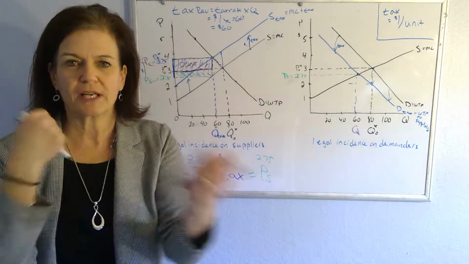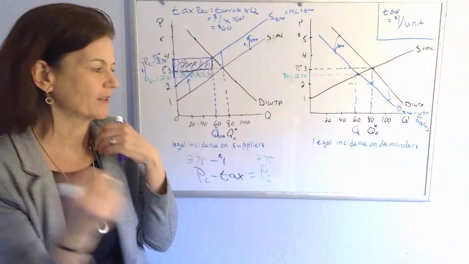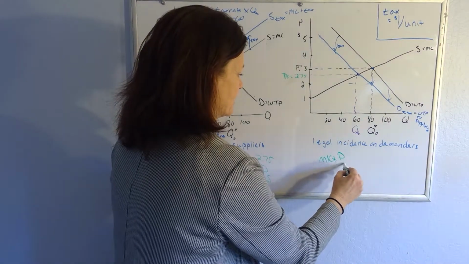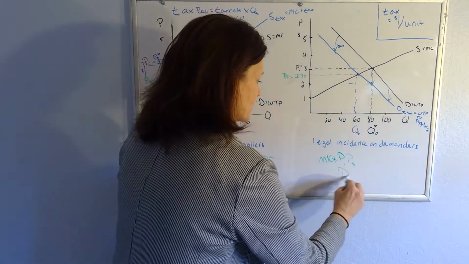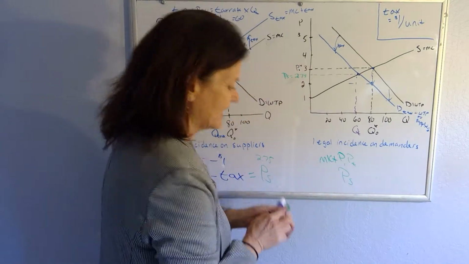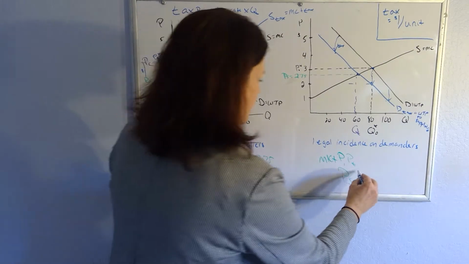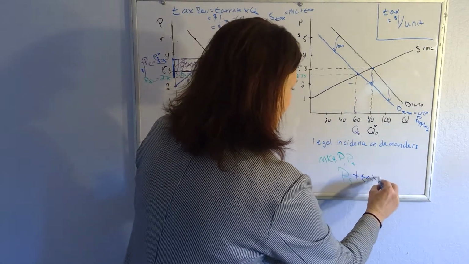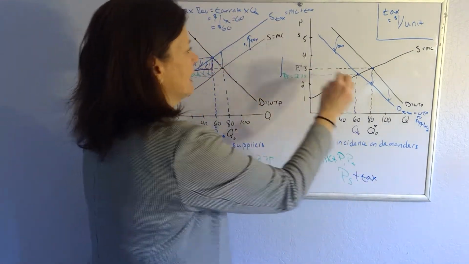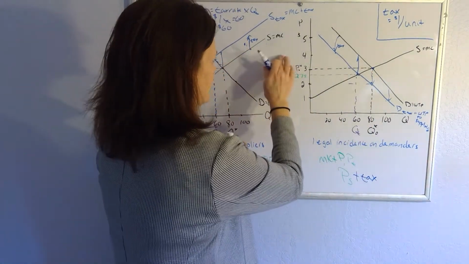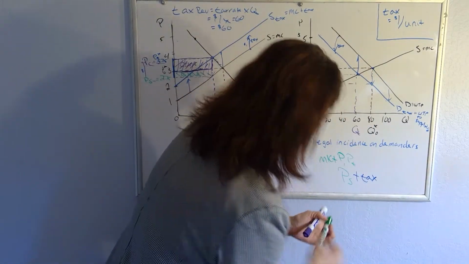So the amount of money that transacts in the market is $2.75. The market price, PT, now is the price that suppliers receive. And then after I pay $2.75 to the suppliers, I have to pay that dollar tax to the government.